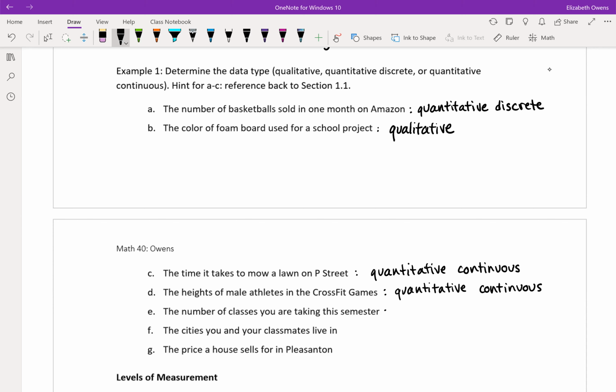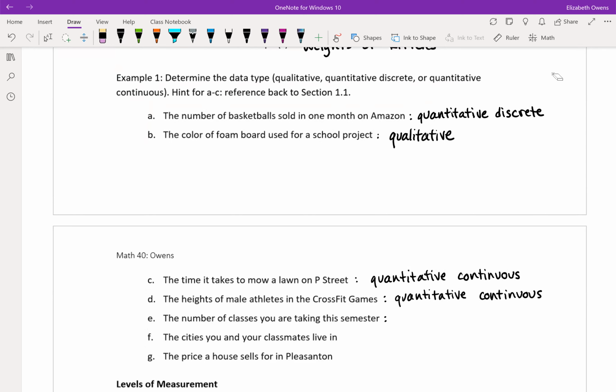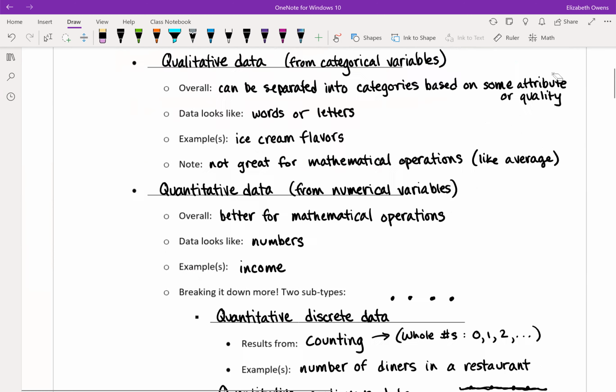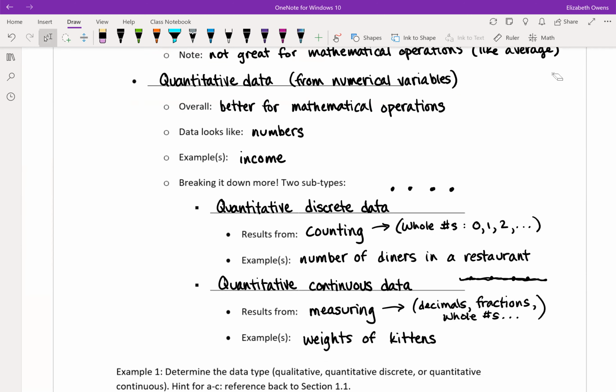All right, the number of classes you're taking this semester. Okay, there's a big hint right here, number of classes. So it is a number, quantitative. Now, are we counting or measuring the number of classes, discrete or continuous? Well, let's see. Would we say, okay, I'm taking 3.4 classes this fall? I measured it.